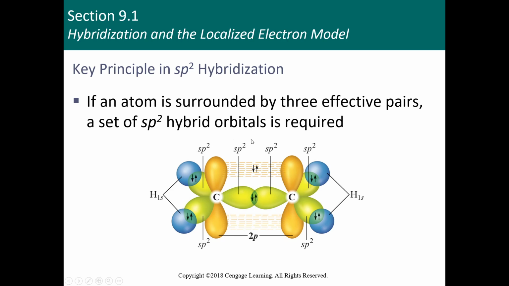The molecule here is not sp2 hybridized, okay? This carbon is sp2 hybridized. This carbon is another sp2 hybridized carbon. Okay? This right here, this hydrogen, doesn't have any hybridization. It just has an s orbital, period. So if we talk about this hydrogen here, it doesn't have any hybridization.